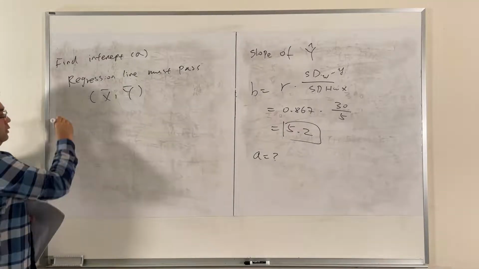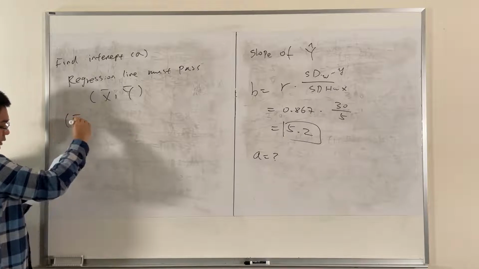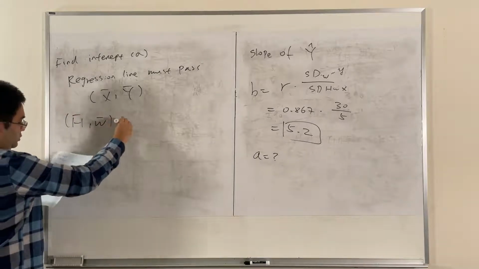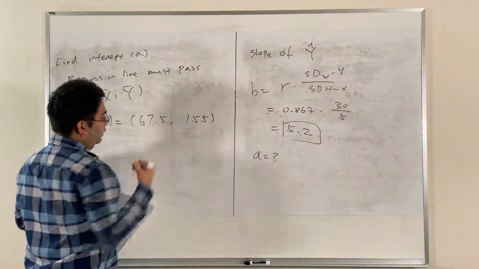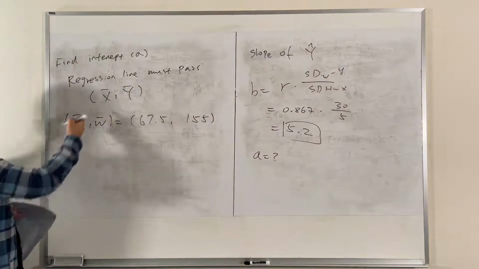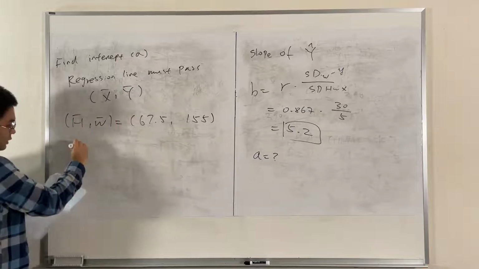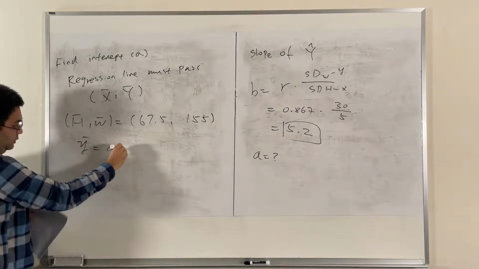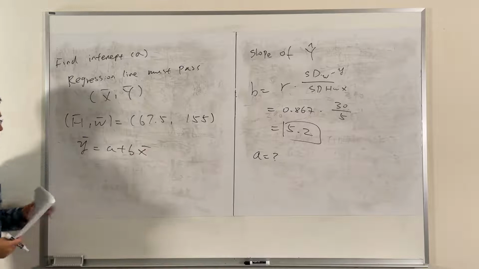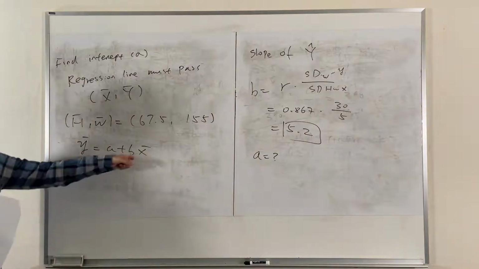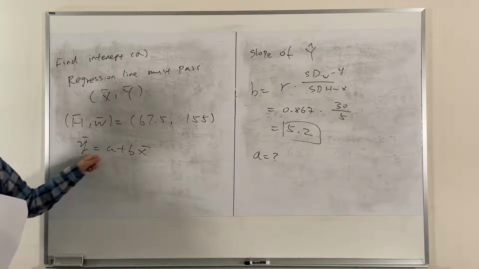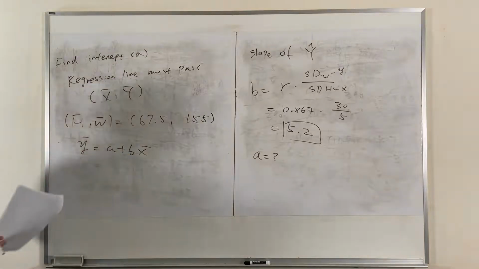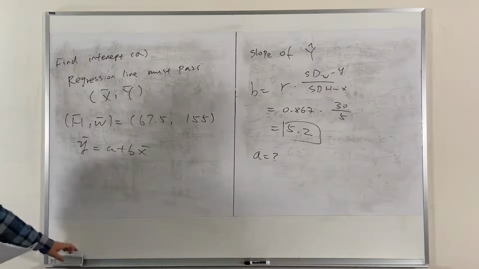Which means that if we have h bar and w bar equal to 67.5 and 155, and if this is true, then y bar equals a plus b times x bar. Because on this line, the mean values point, they have to be on the line. So that's the fact. So we're going to use this formula here.